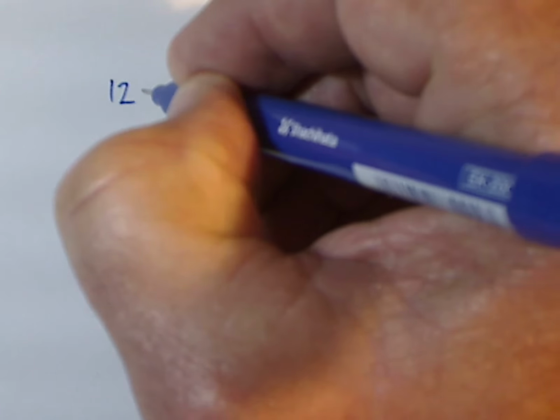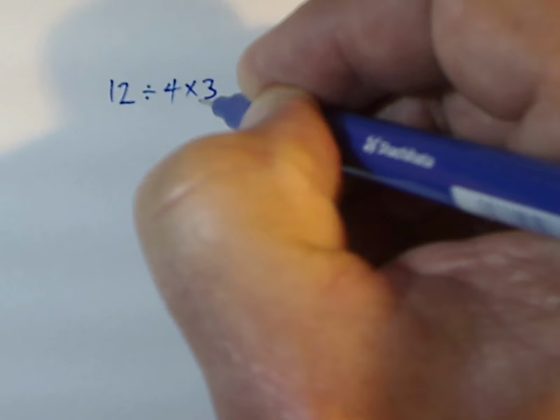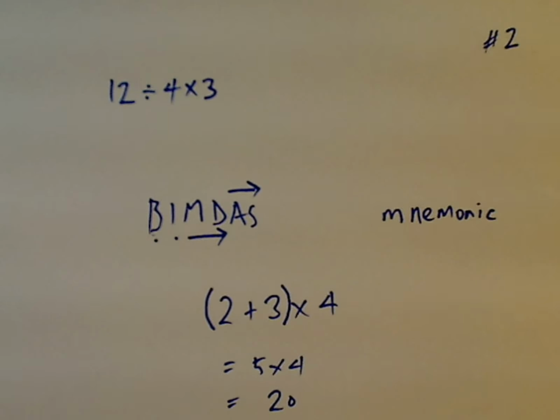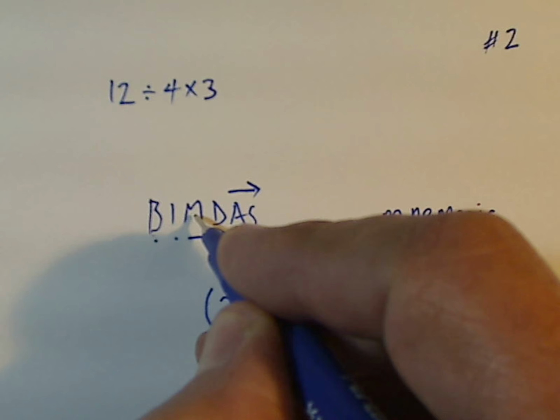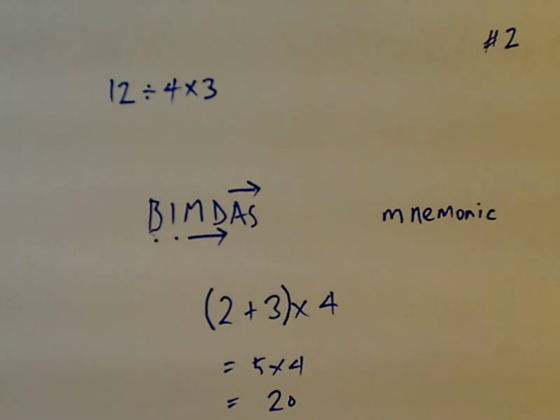If we consider an expression like 12 divided by 4 times 3, without BIMDAS, we're back into that difficult territory of not knowing which operation to do first, the division or the multiplication. Looking at the acronym, it would appear that multiplication comes before division.